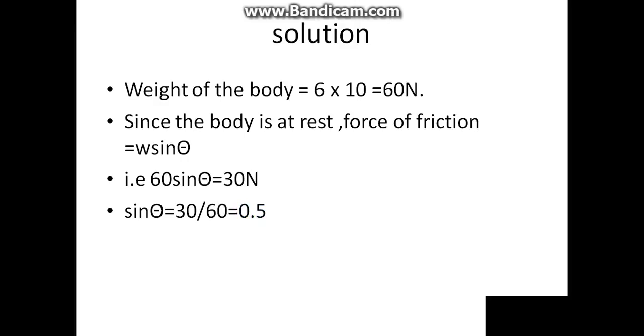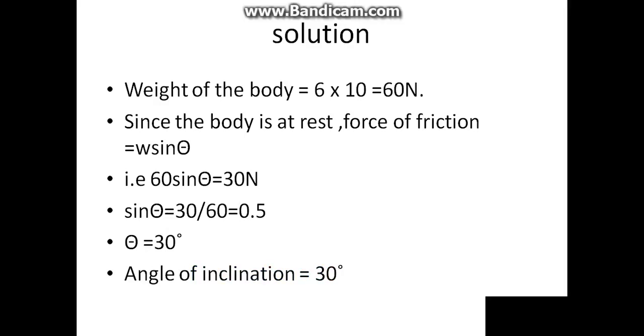Sin theta is equal to 30 over 60, which will give us 0.5. Sine inverse of 0.5 to get theta will give us 30 degrees. Therefore, the angle of inclination is 30 degrees.